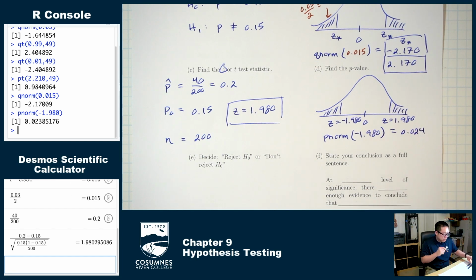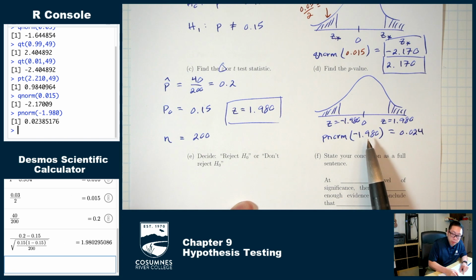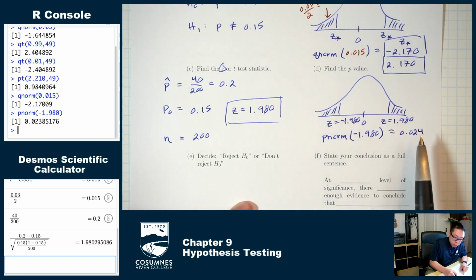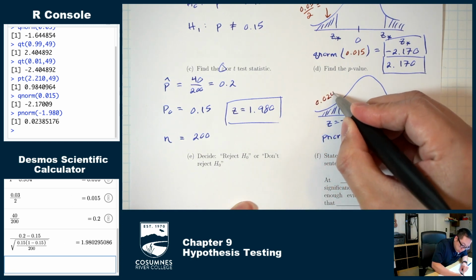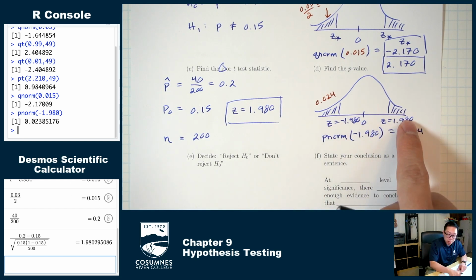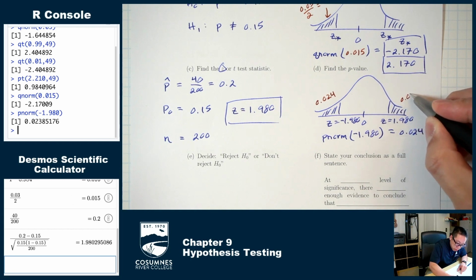Okay, that's not my answer yet. 0.024 is the area to the left of negative 1.980. Here's negative 1.980. Area to the left is 0.024. So that's this left part here. I want the area of these two together. So by symmetry, I also know that this area is also 0.024.